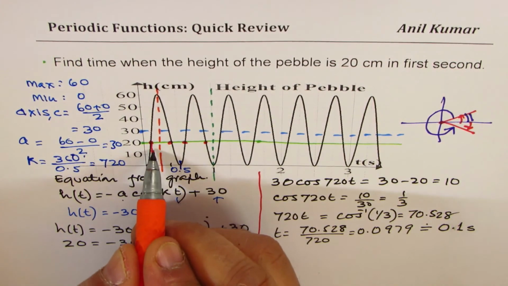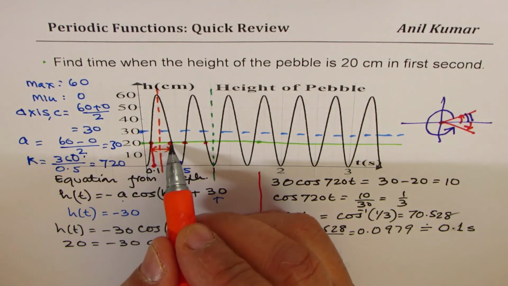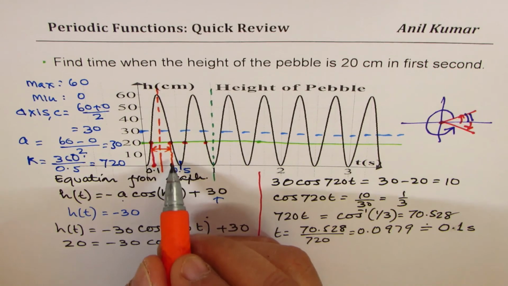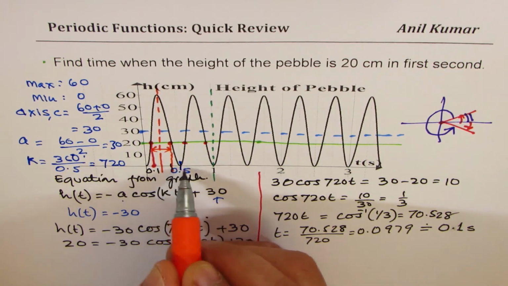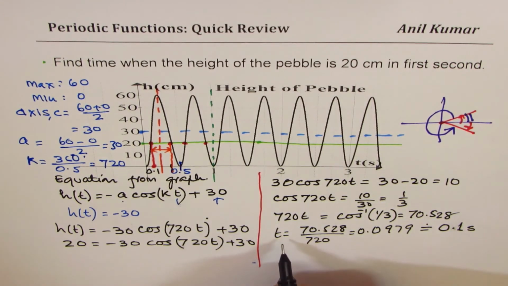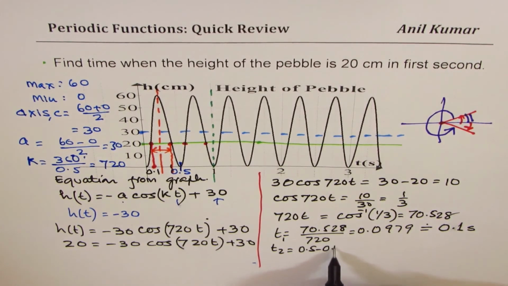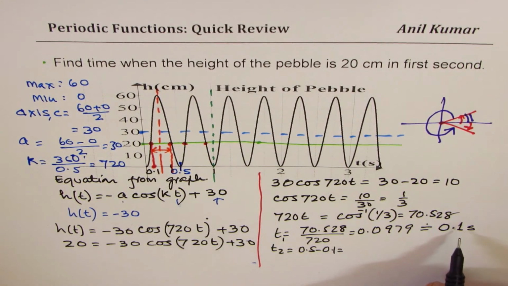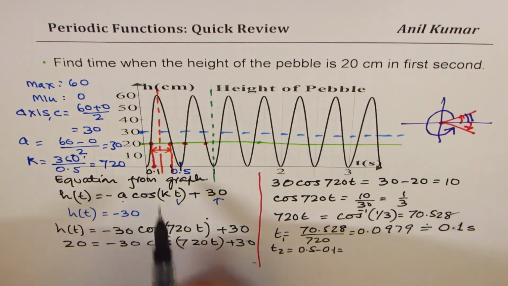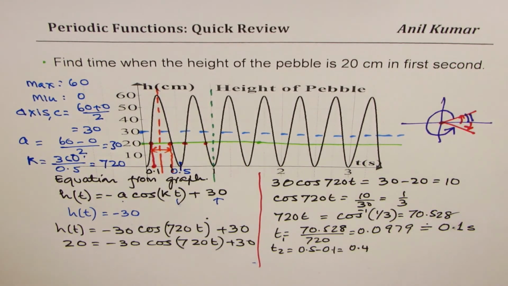The symmetry is that these 2 points are same distance apart, right? Or you could also say that from 0.5 it is same distance apart. Is it okay? So we say T1 is 0.1, however T2 will be 0.5 minus 0.1, so it is 0.4. Do you see that?